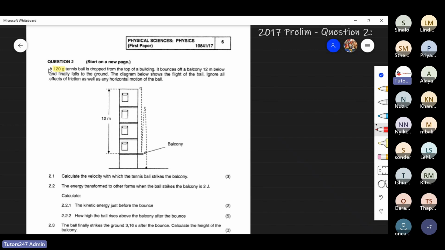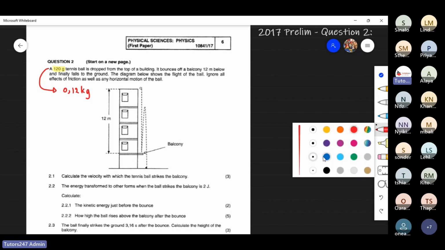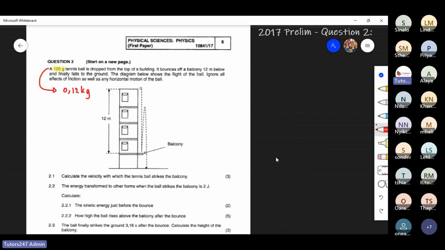So the correct unit of measurement for this is 0.12 kgs. If you are not sure on how we obtained 0.12 kgs, it is from dividing by 1,000. If you want to convert from grams to kgs, you divide by 1,000. If you want to convert from kgs to grams, you multiply by 1,000.